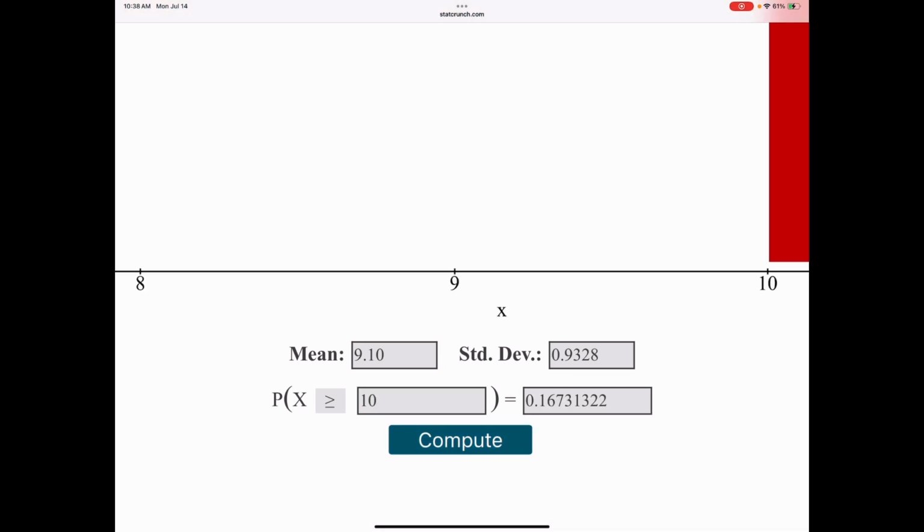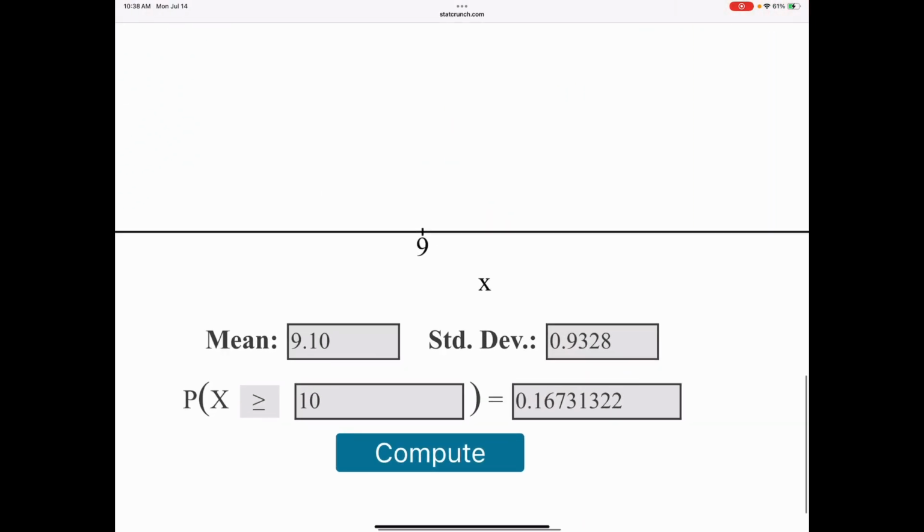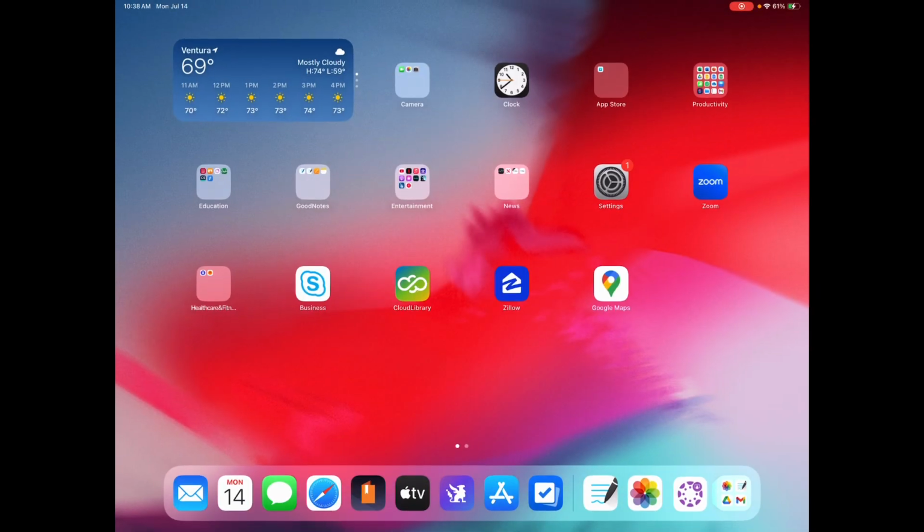Hit compute, and the graph should look like the one I drew. And it looks like we get a probability of 0.1673.